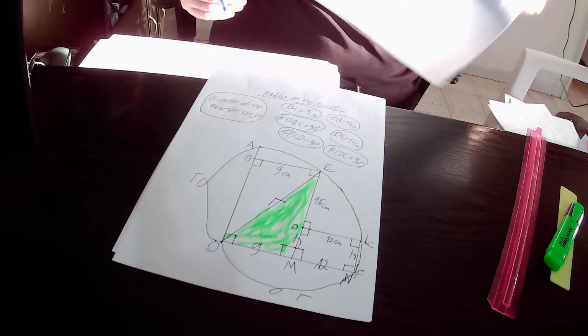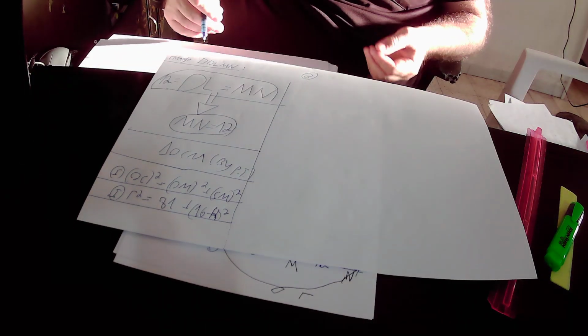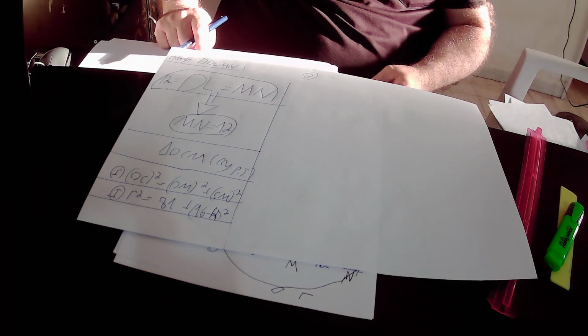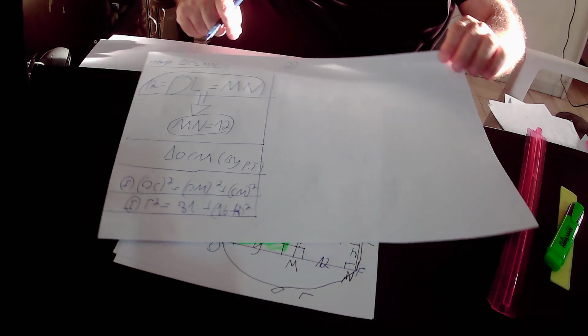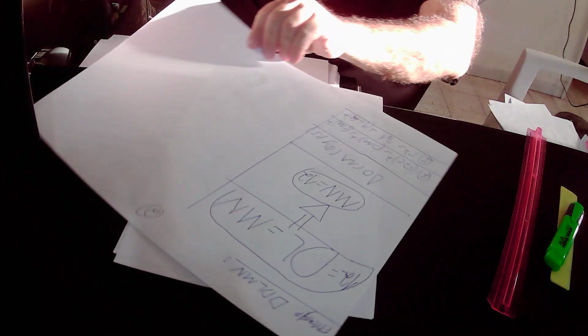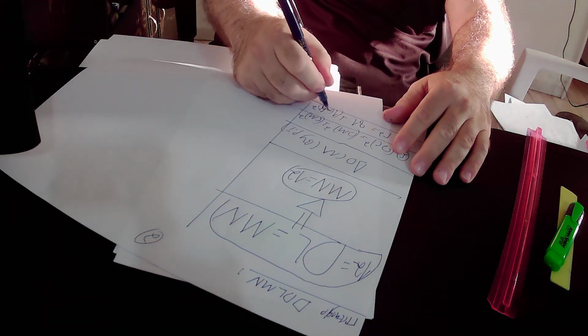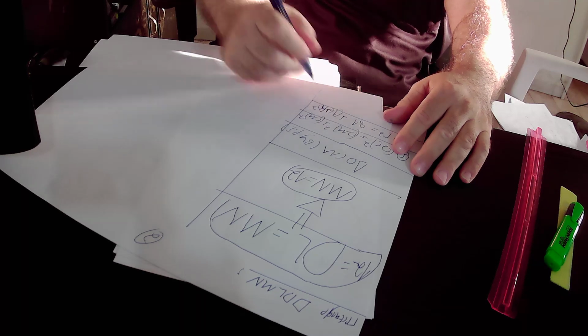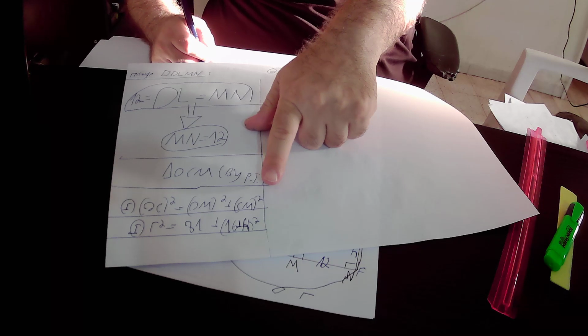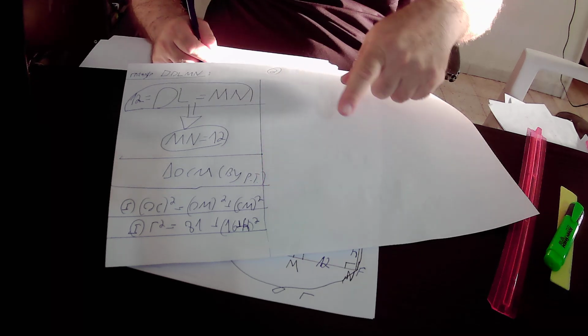So we actually found out that according to equation number 1, R square equals 81 plus (16 plus H) square. Repeat again, R square equals 81 plus (16 plus H) square.